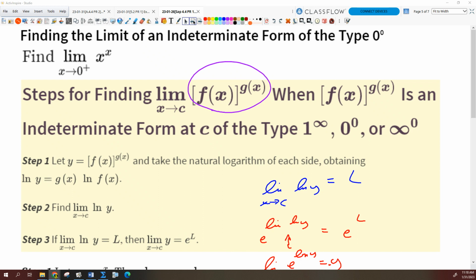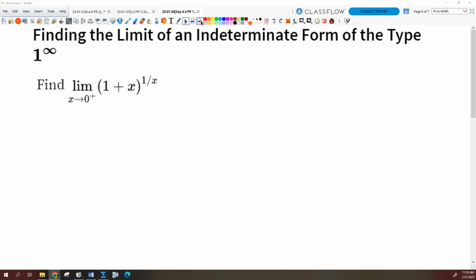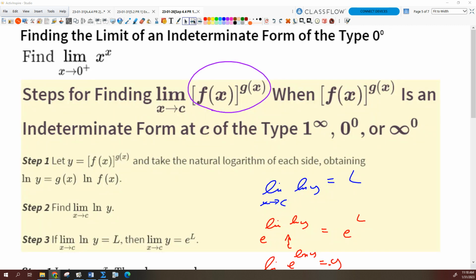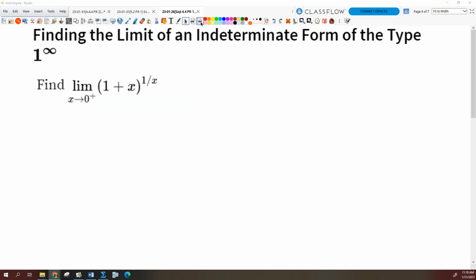I'm going to use a similar strategy for resolving this limit. Okay, step 1 is we're just going to let this thing equal y. Okay, we're going to let this function equal y, right? So whatever the function is that we're taking a limit of, set y equal to that, okay?